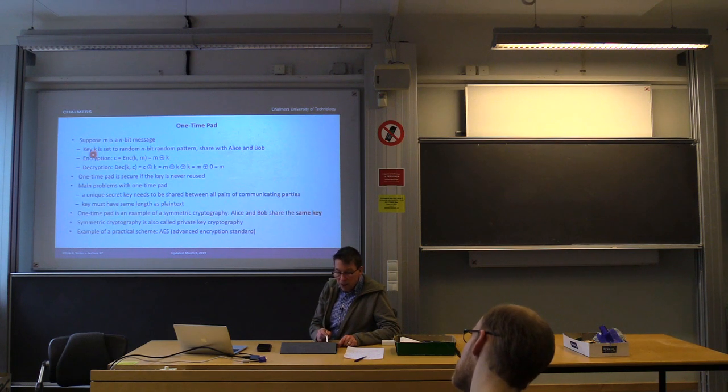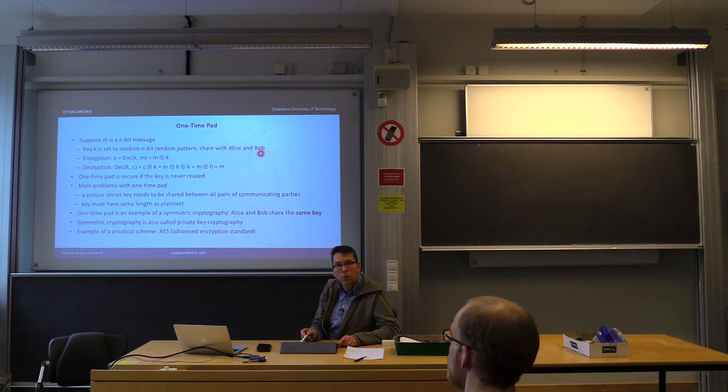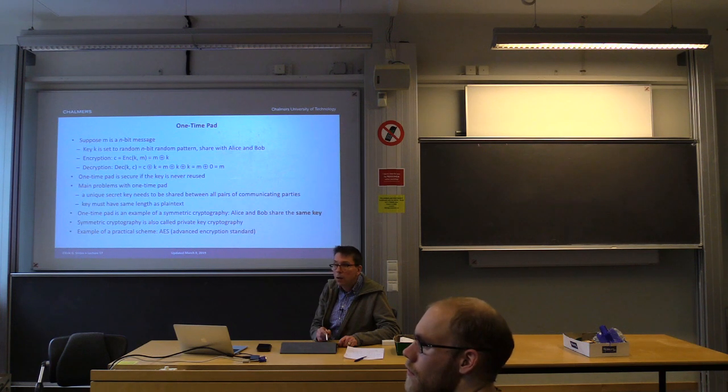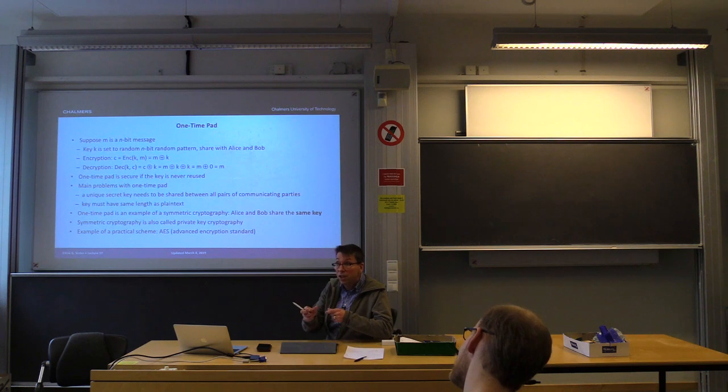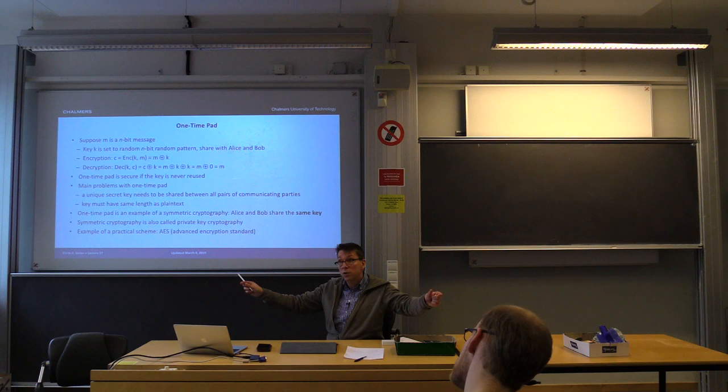Then we generate the key K as a random n-bit pattern, completely random, and this is shared between Alice and Bob, the legitimate parties. But how do you know that the key is just shared with Alice and Bob? That's one of the problems here. But maybe Alice and Bob met and had a cup of coffee and exchanged the key and then moved apart and then used the key for communications.